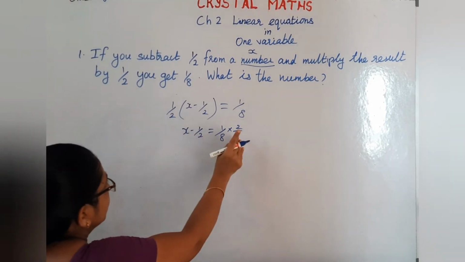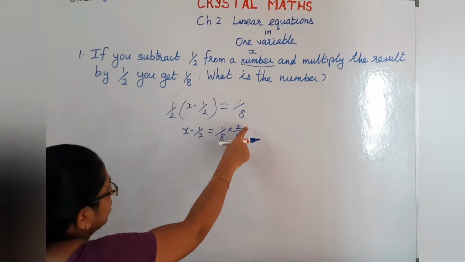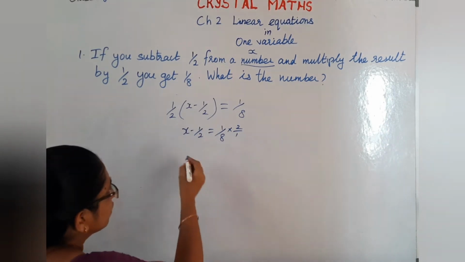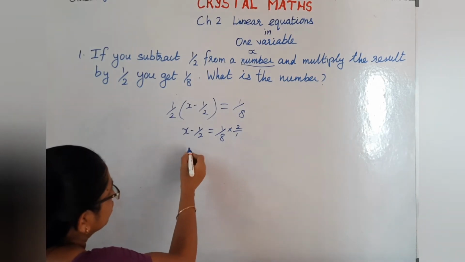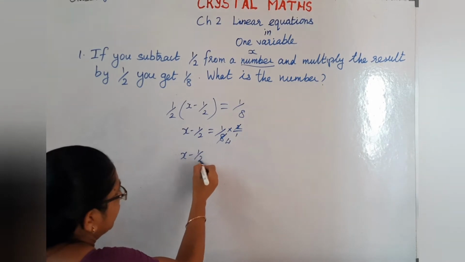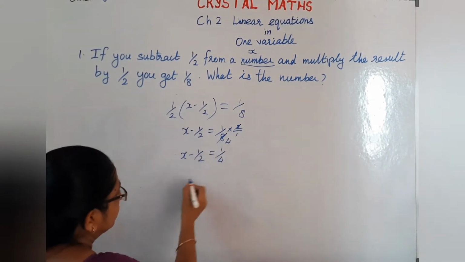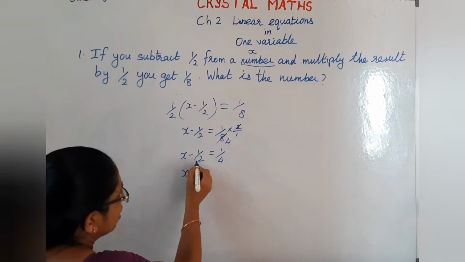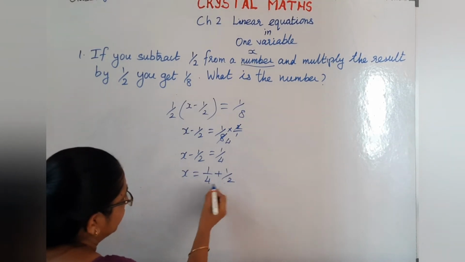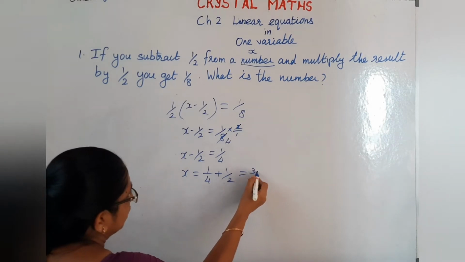Because when we are taking a fraction to the opposite side, we need to multiply by its reciprocal. So, x minus 1 by 2 equal to 1 by 4. Half should be taken to the other side. So, x is equal to 1 by 4 plus 1 by 2, the answer equal to 3 by 4.